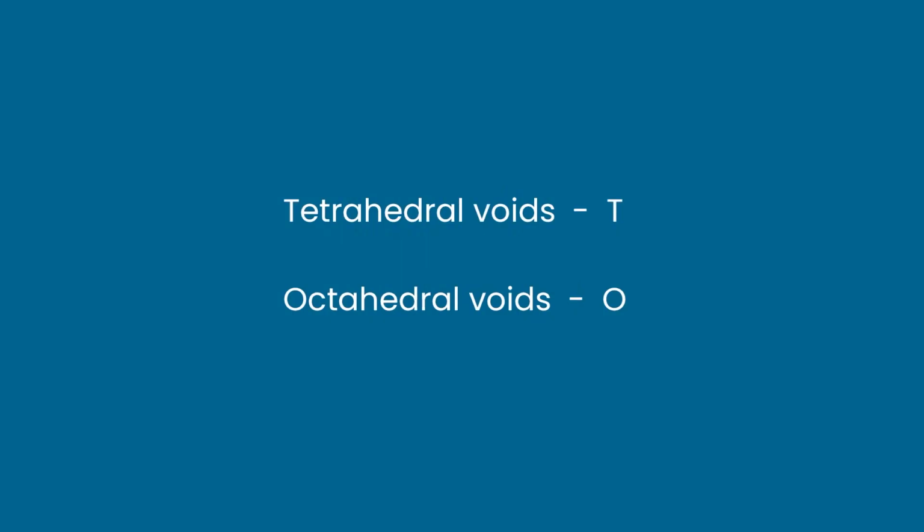First, by covering tetrahedral voids, second by covering octahedral voids. Before placing the third layer, let us discuss the two types of voids. There are two types of voids, tetrahedral void denoted by T and octahedral void denoted by O. Let us study how these voids are formed.